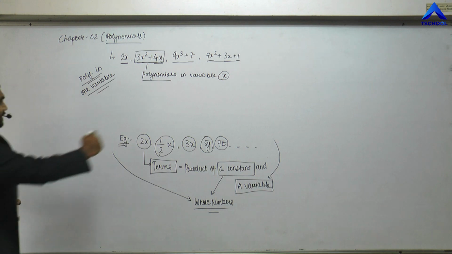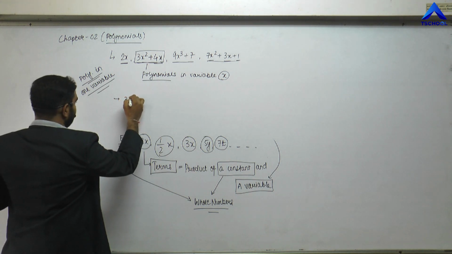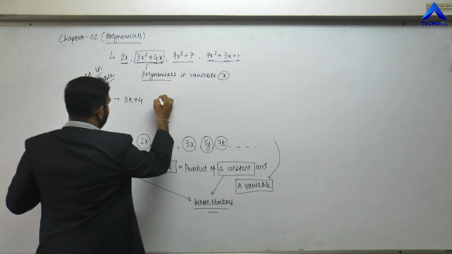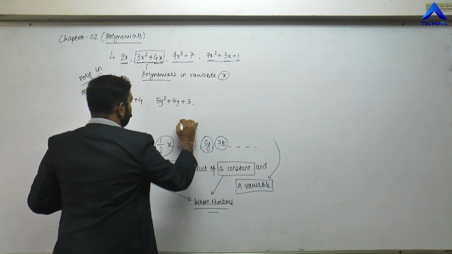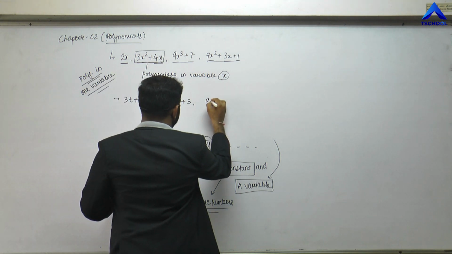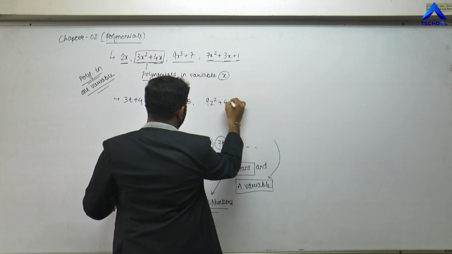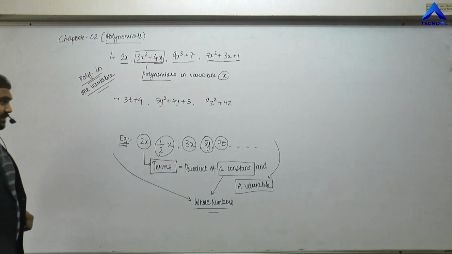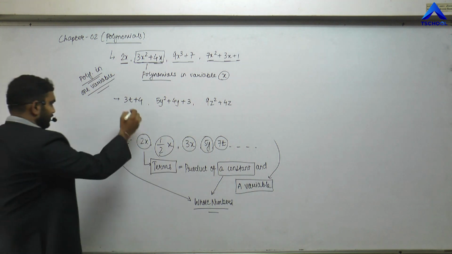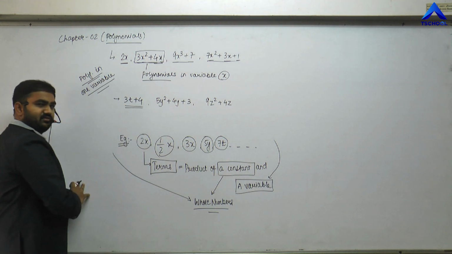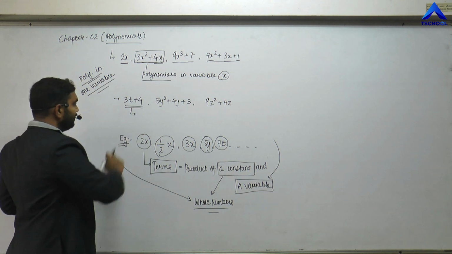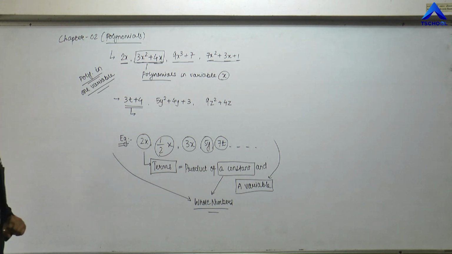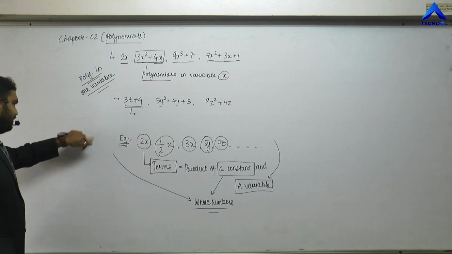Let me say, for example, if I am given another example here: 3t plus 4, then 5y square plus 4y plus 3, then 9z square plus 4z. These are the examples given to me. So is 3t plus 4 a polynomial, yes or no? Yes, it is a polynomial. Again, is it a polynomial in one variable? Yes, I can see only the t here. There is no other variable defined. So this is a polynomial in the variable t.